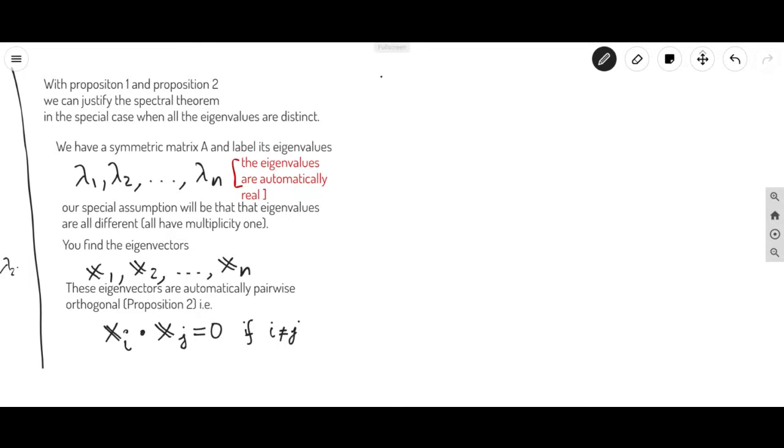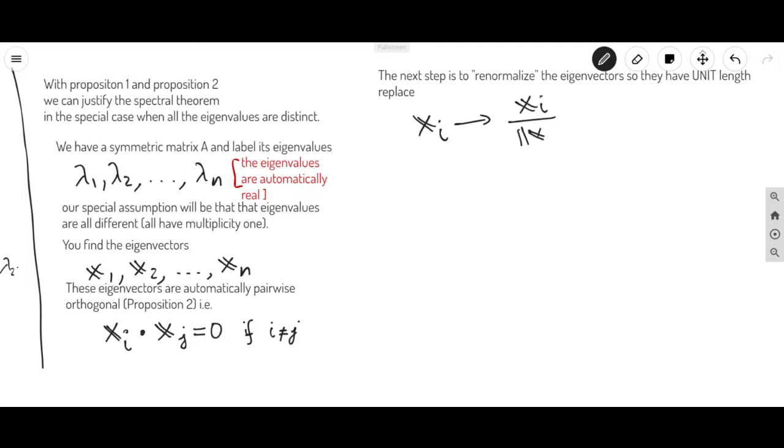Now let me just make this comment. The next step is to renormalize the eigenvectors so they have unit length. In other words, you replace xi by the vector divided by its length.